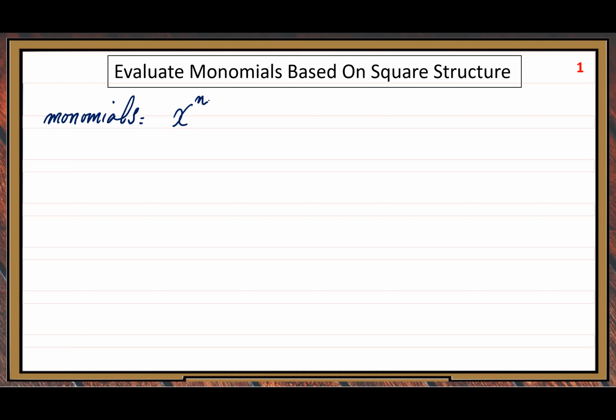So that's the monomial. We can evaluate a polynomial using Horner's rule. So why do we need to look at a much simpler form, monomials? Something is interesting here.